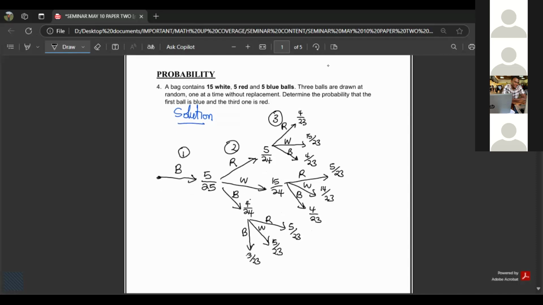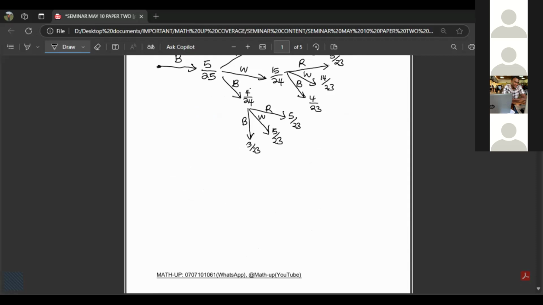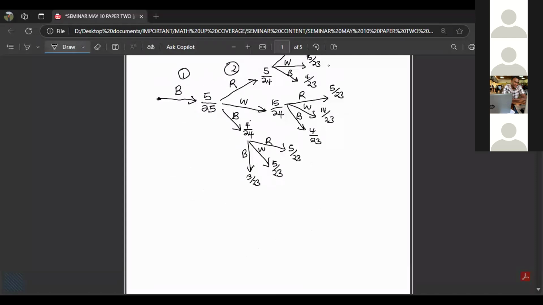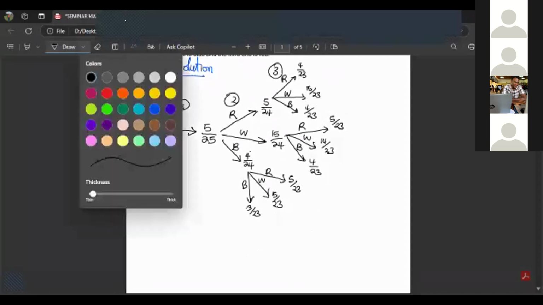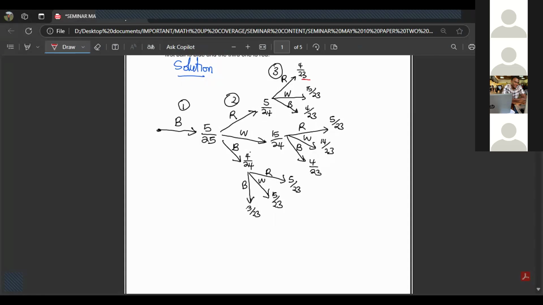Now to get the probability of the first ball being blue and the third one being red, we are going to track where red is as the third ball. So we have here, here, and here.